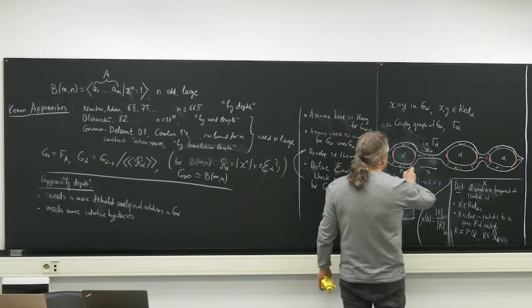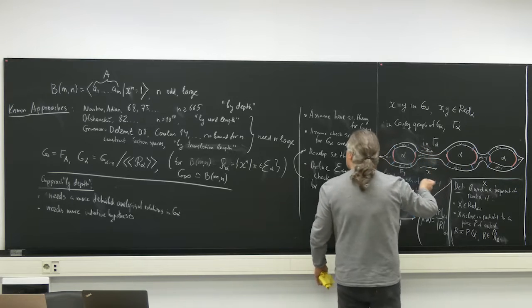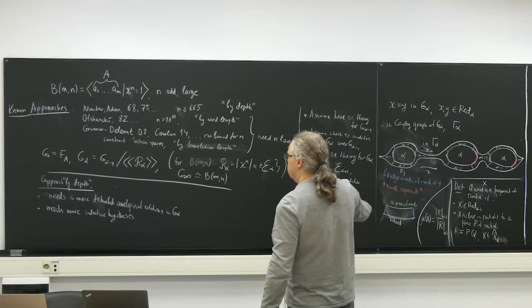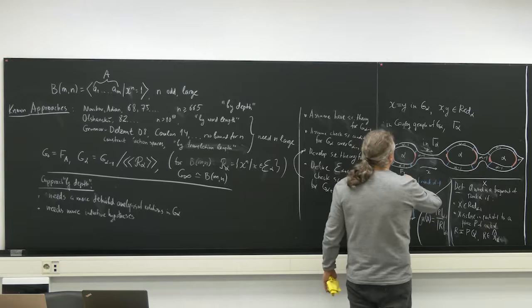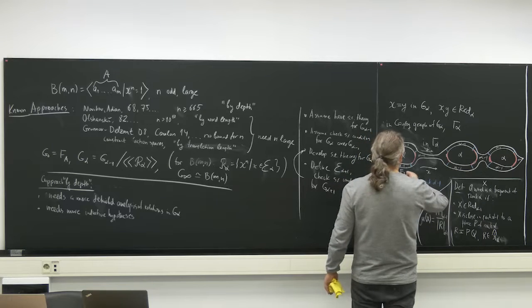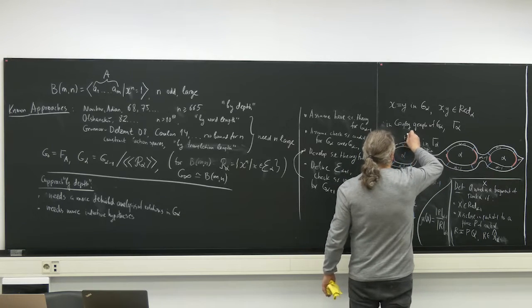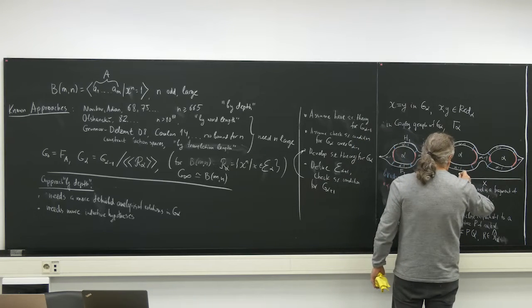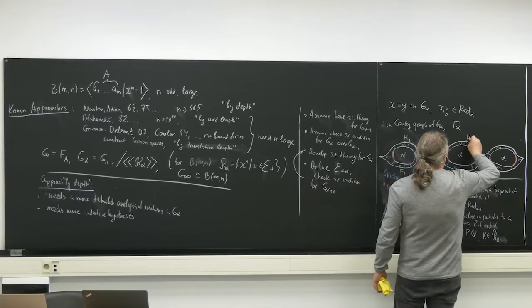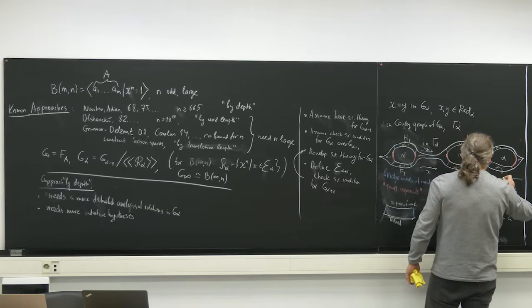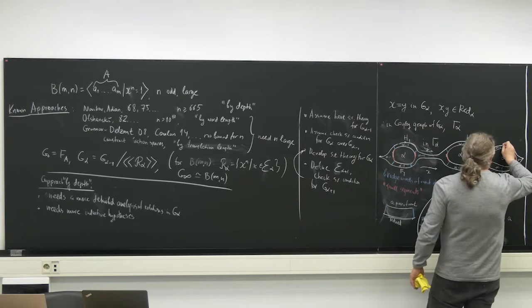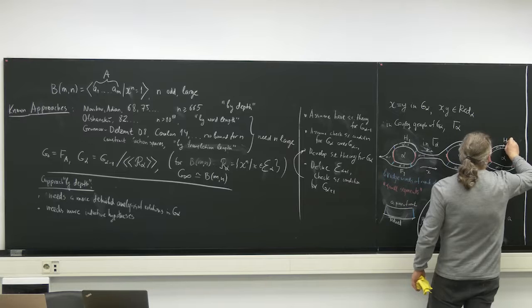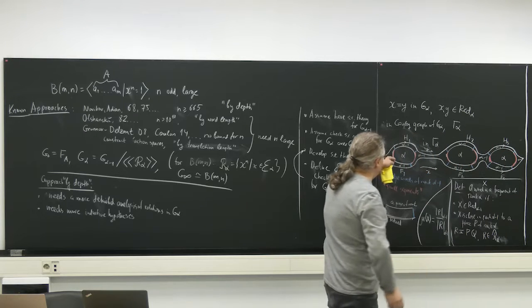So we have fragments here, and we have, say, G, H1, F2, H2, and so on, F3, H3.